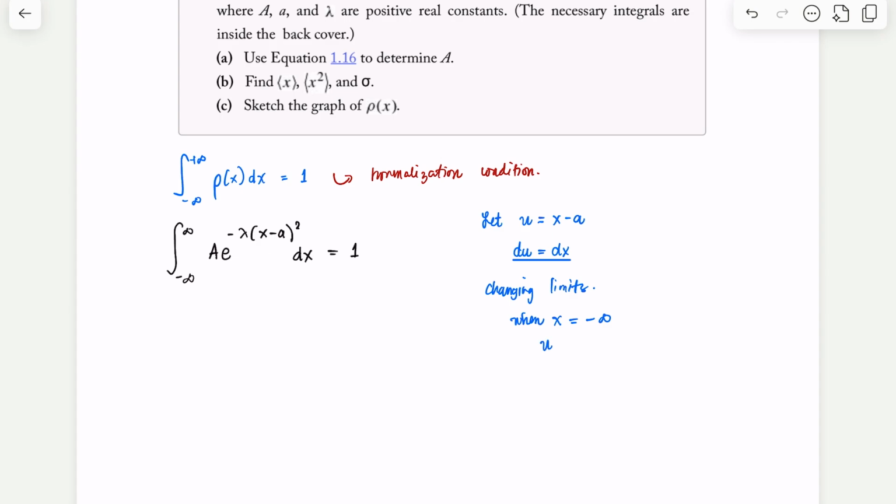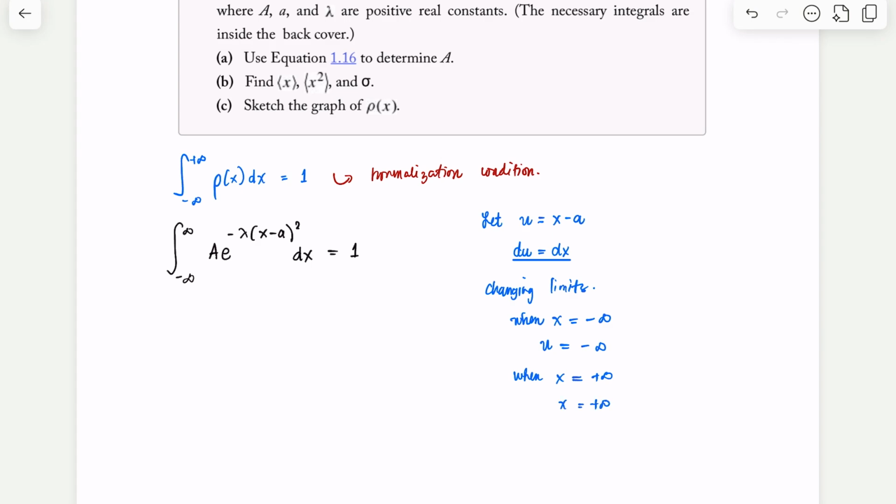If this is negative infinity minus a constant, that would still be negative infinity. And when x on the upper limit is positive infinity, u is equal to x minus a, and positive infinity minus a constant would still be positive infinity.